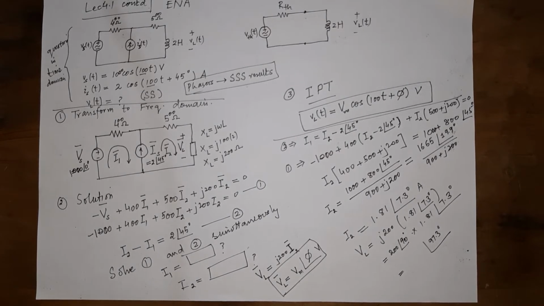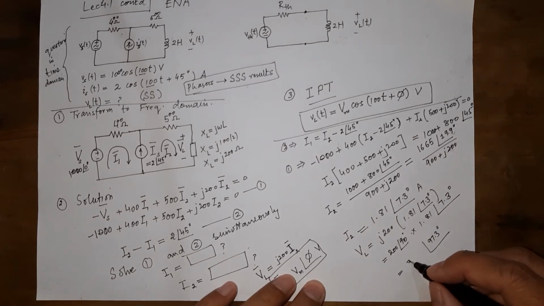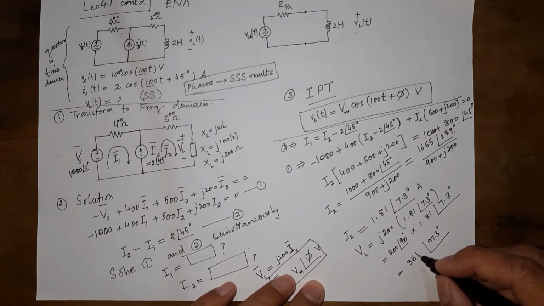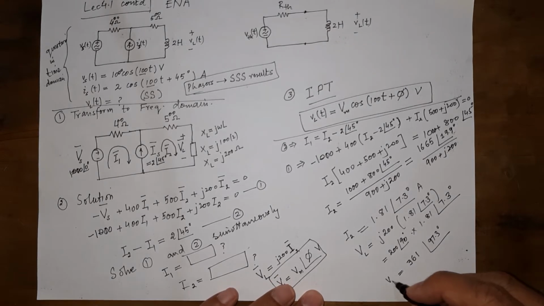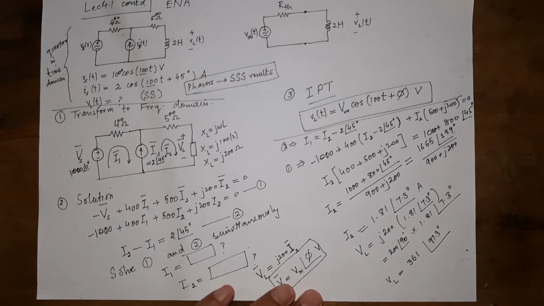Using my calculator, I multiply them together, and we got 361, rounded. This is VL, the phasor voltage we are looking at.